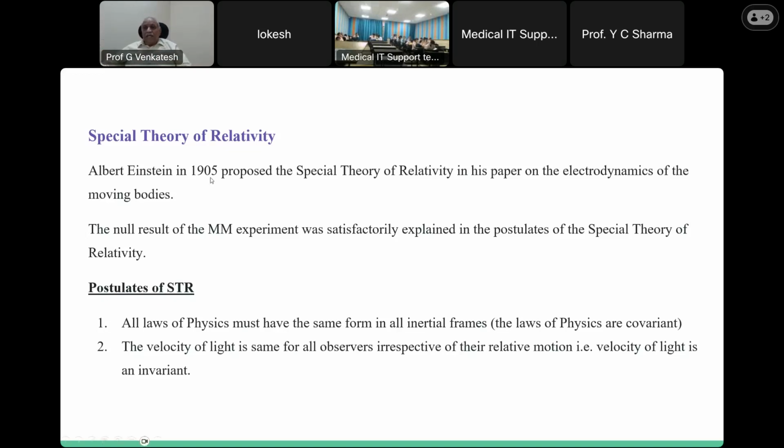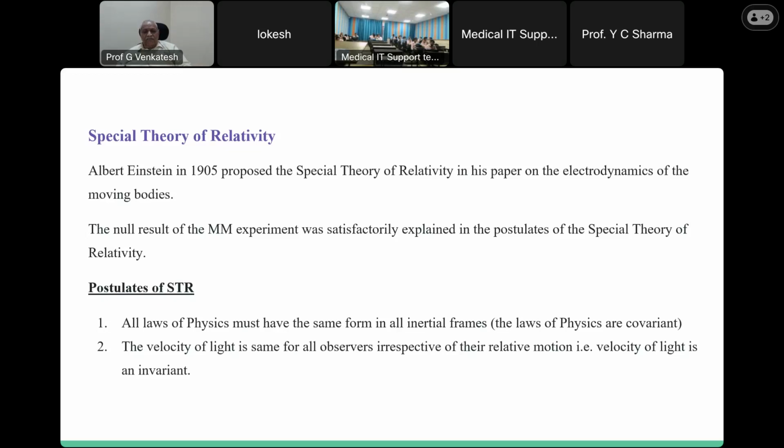Now, on the basis of this, Einstein came to the conclusion of the postulates of the special theory of relativity, based on two important postulates. So he said that all laws of physics must have the same form in all inertial frames. In other words, the laws of physics are covariant. Now, what do we mean by a law of physics?